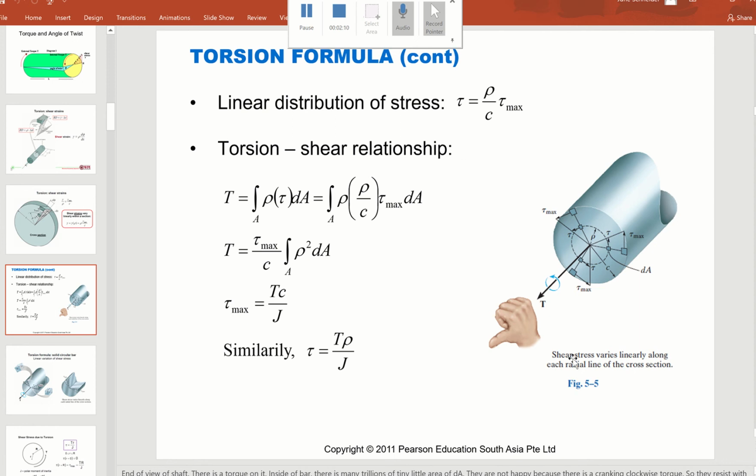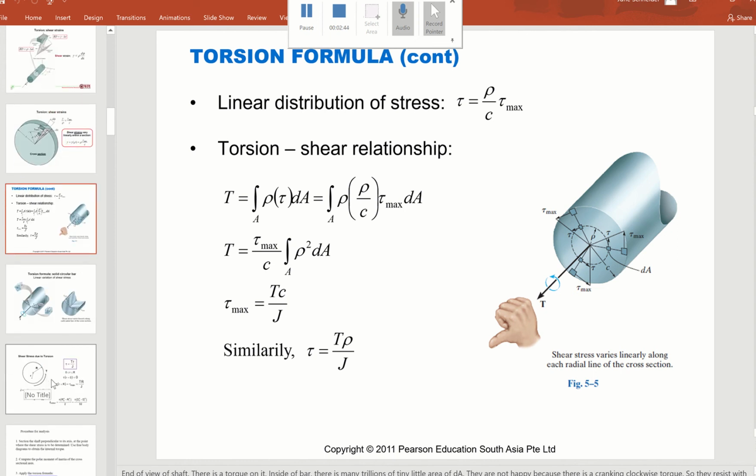Did you realize your thumb is actually pointing outward from this surface? If it's outward, that's going to be positive. So that's the sign convention for internal torque: you use your right hand, your four fingers follow the torsion direction, and if your thumb is pointing outward from the surface where you cut, then that's going to be positive. We're going to use that for some examples later on.